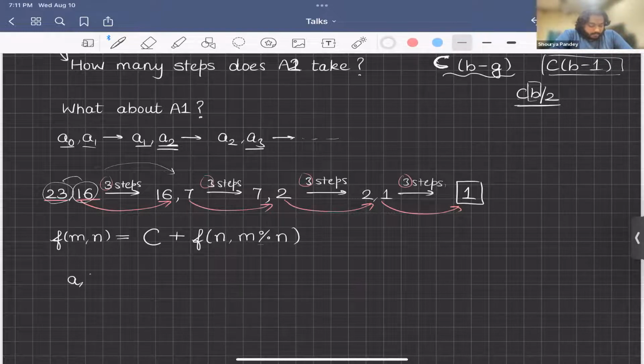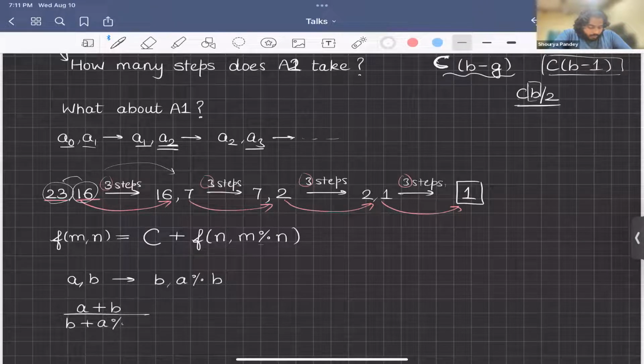So you have A and B, and then you reach B and the remainder, right? So you want to compare the ratio of A plus B and B plus A mod B. Can you give an upper bound which is less than 1? Even if it's 0.9, it works. Any sort of upper bound.